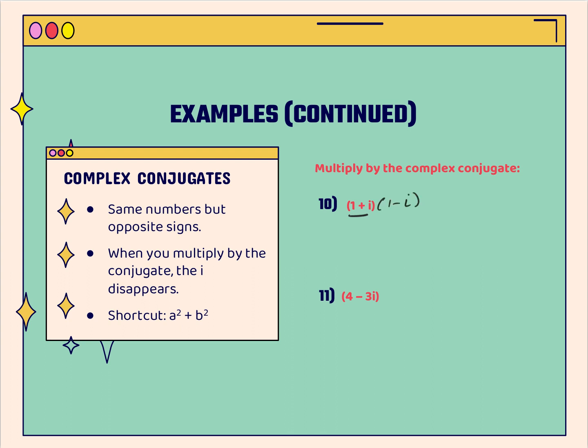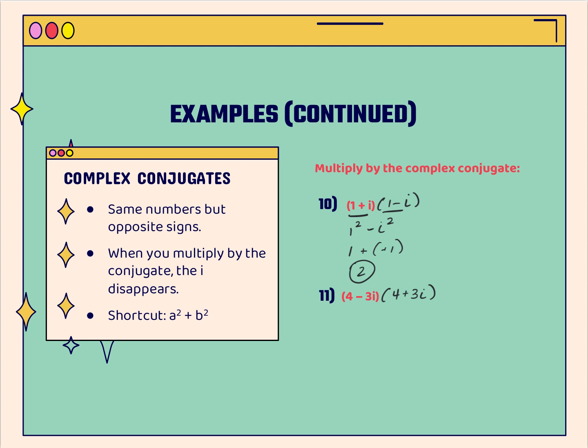And so notice that when I go to FOIL this now, I'm going to have a difference of squares. A difference of squares is always the first term squared minus the second term squared. So 1 minus negative 1 is going to be 2. Okay, and so notice how as soon as we multiply by a conjugate, we completely eliminate the imaginary number. So again, this one is 4 minus 3i, so I'm going to multiply it by 4 plus 3i.